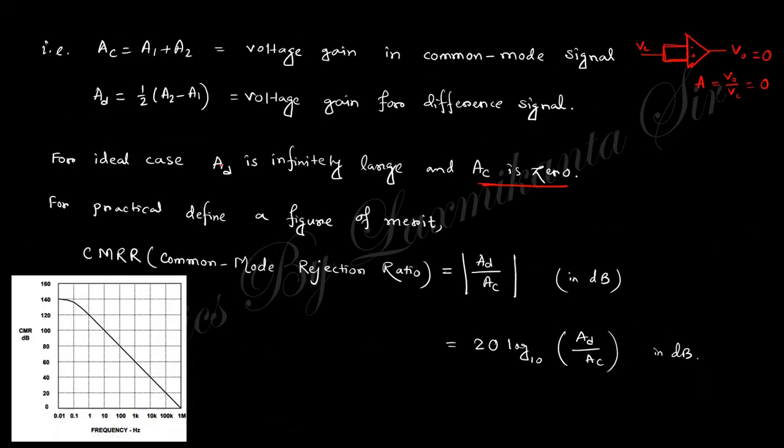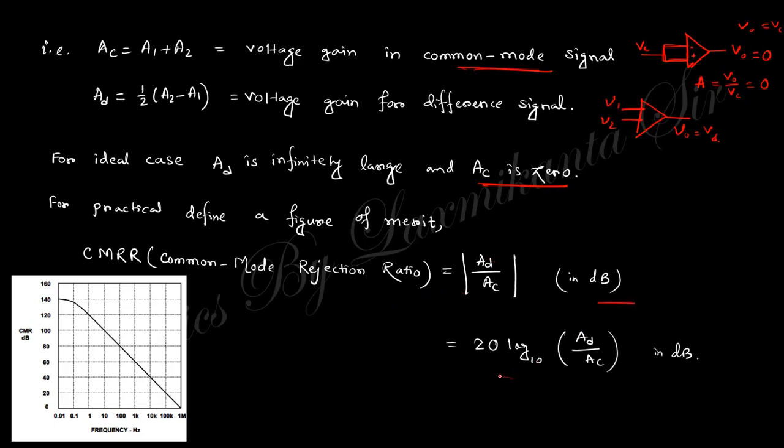AC is the common signal gain in the common mode, that is when the voltage is the same, and AD is for the difference voltage, that is when the voltages V1 and V2 are different. This V0 is due to Vc, the common, and this V0 is due to V difference. Okay, so this gain ratio is known as the CMRR.